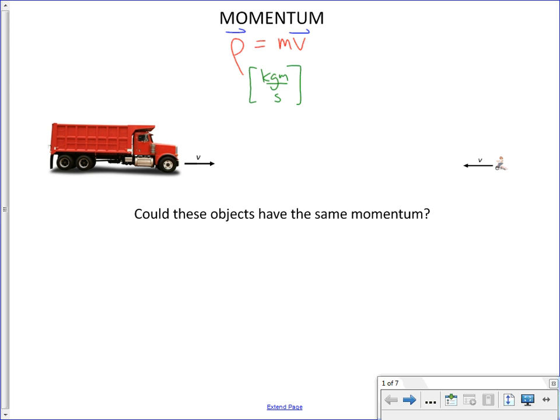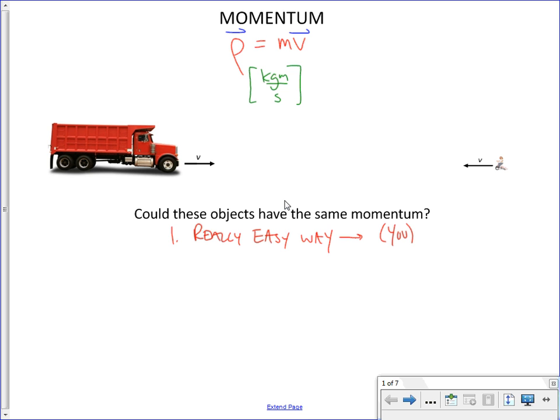Could these two objects ever have the same momentum? Sure they could. You tell me there's one really easy way for them to have the same momentum.